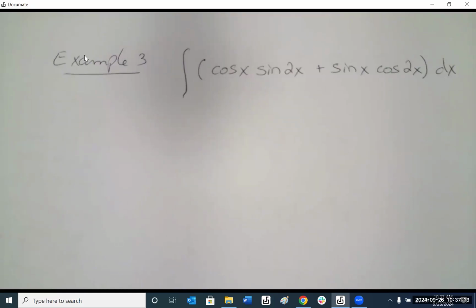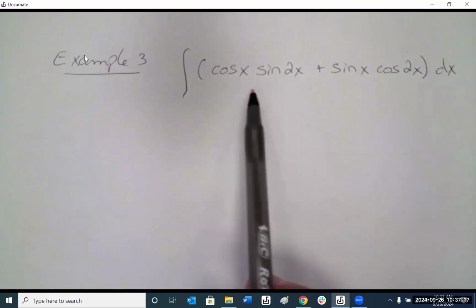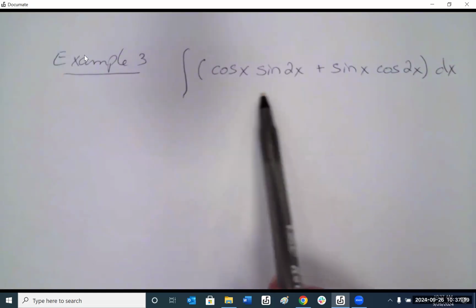So what's the trig identity here, or the equivalent trig statement for this?